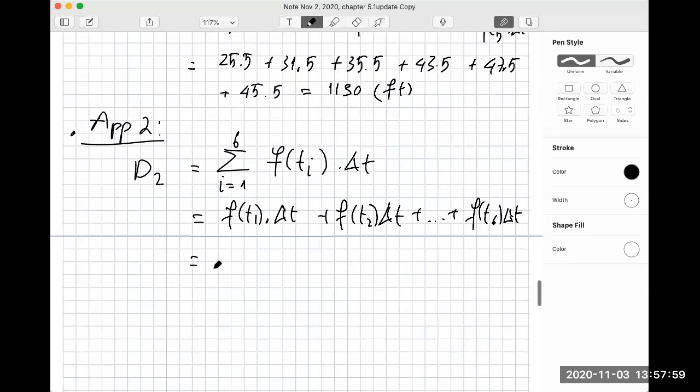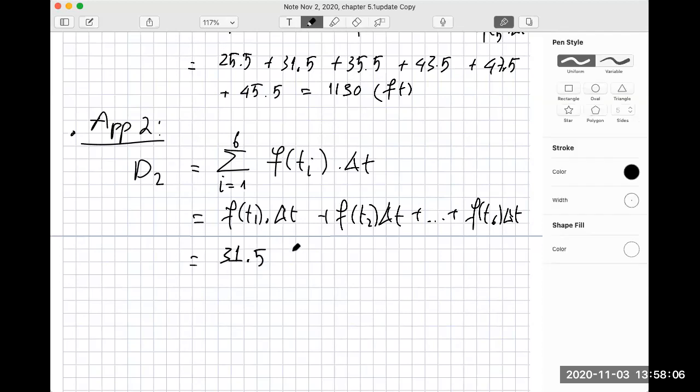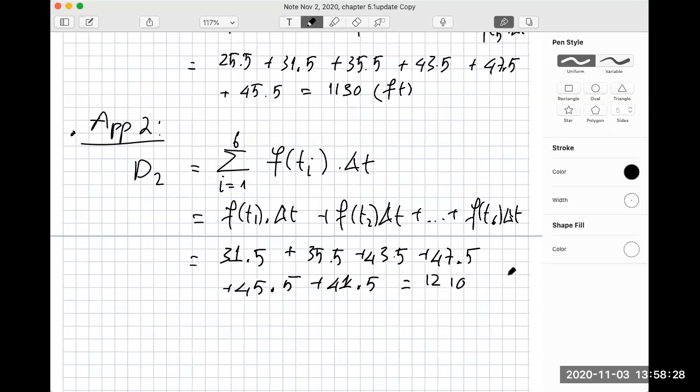T1 is 31, delta t is 5, plus 35 multiplied by 5, plus 43 times 5, plus 47 times 5, plus 45 times 5, plus 41 times 5, and we got 1210 feet. Okay.